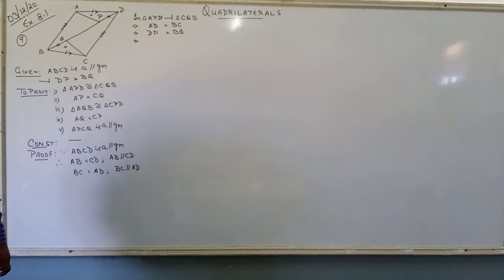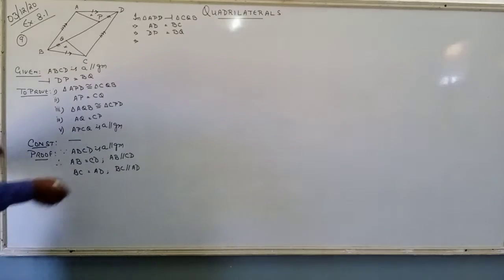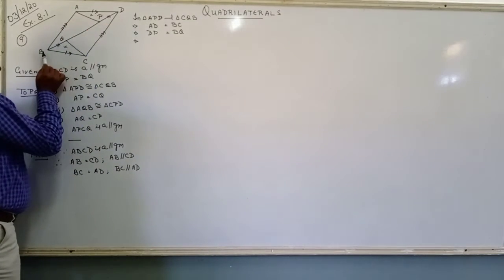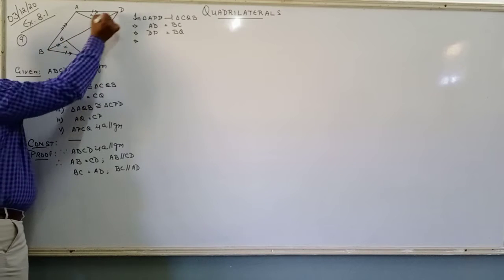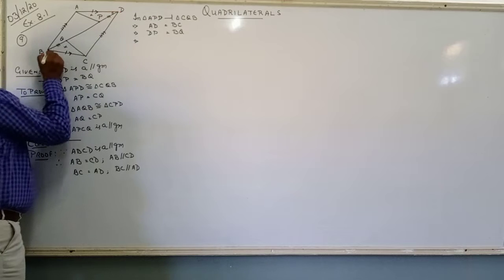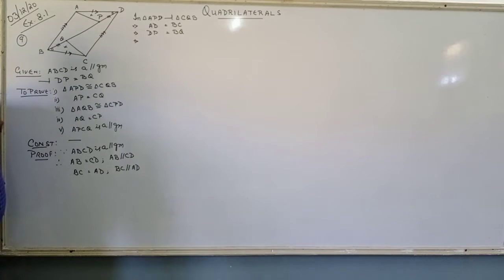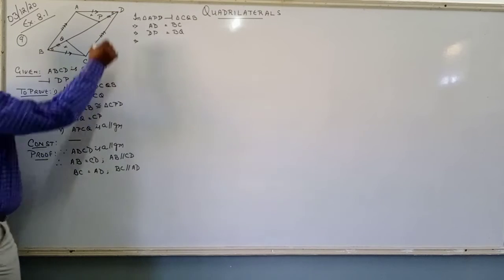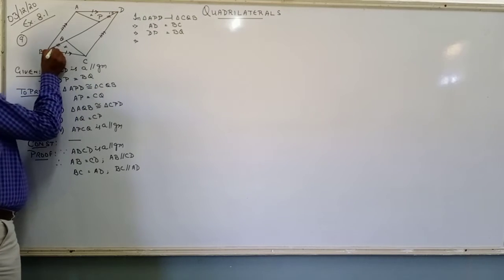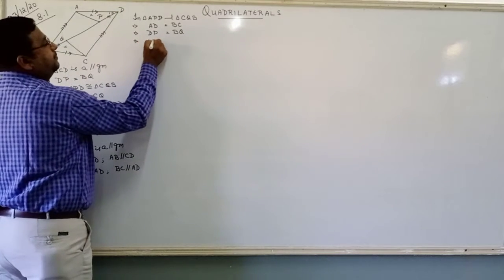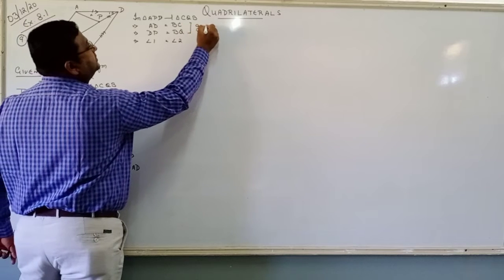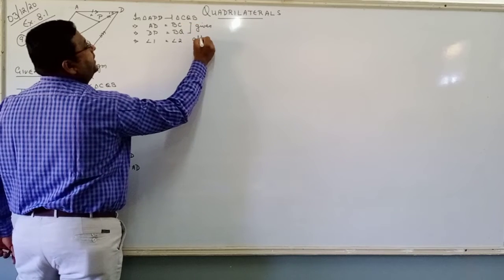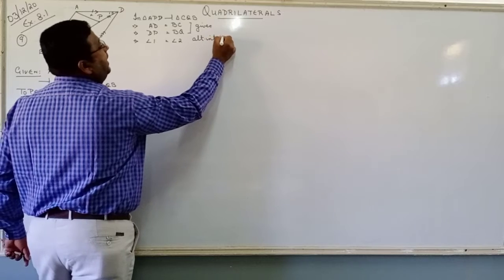So let us find out the angle now. You can see this AD is parallel to BC. Is this BD a transversal? So is this angle equal to this angle? Reason, alternate interior angles. Angle number 1 is equal to angle number 2, and the reason is alternate interior angles.